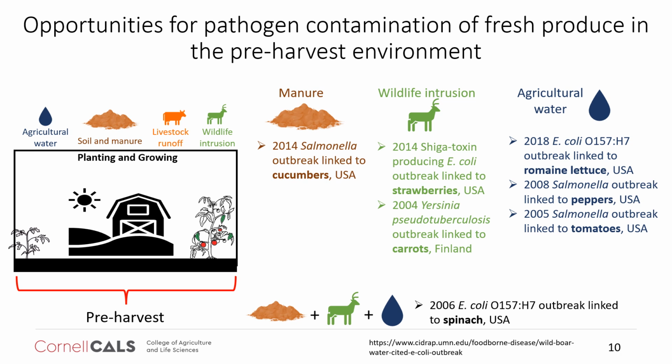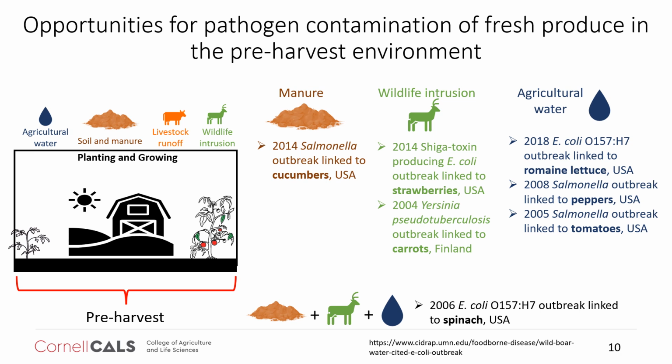And in some outbreaks, multiple potential pre-harvest contamination sources were identified. For example, in a 2006 E. coli O157:H7 outbreak linked to spinach, samples of cow manure, wild boar feces, and creek water close to the growing area tested positive for the outbreak strain, highlighting the potential for multiple pre-harvest sources to contribute to foodborne illness outbreak risks in fresh produce.